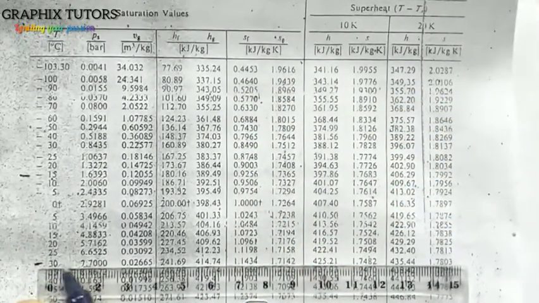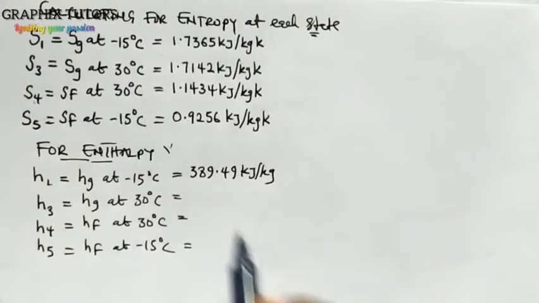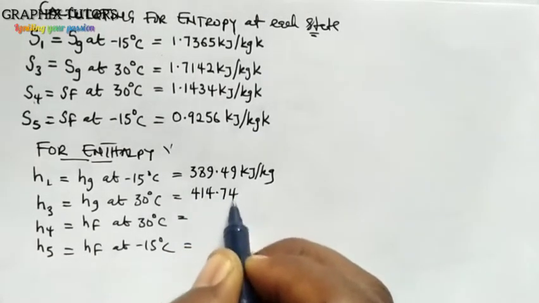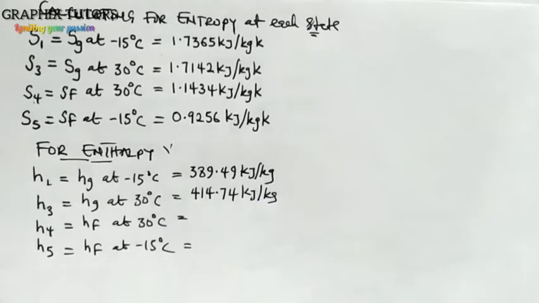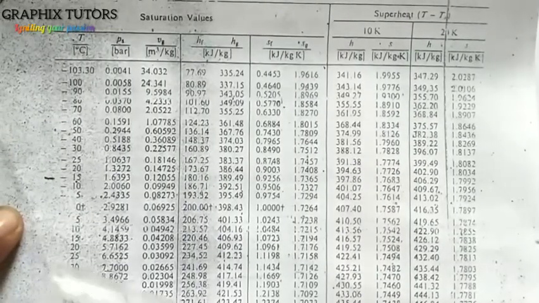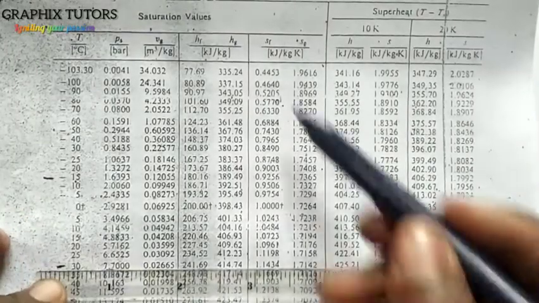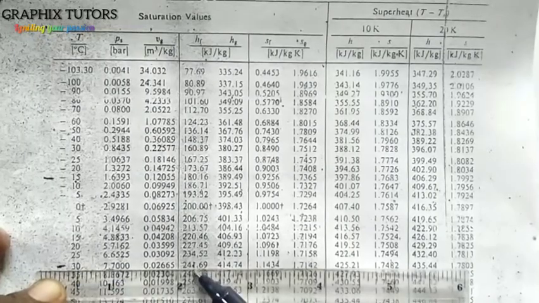If you trace it, that is 414.74 kilojoule per kilogram. Then the next one is what? HF at 30. You visit the same table, so you look for HF at 30. Trace it, 241.69.